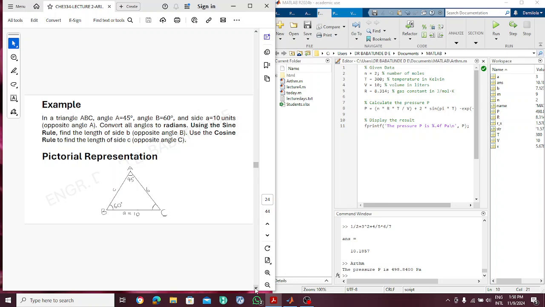So they've told you the rules to use. You are not the one determining that at this point, even though you should be able to determine that. So now that I've told you we are using the sine rule for finding side B, and the cosine rule for finding side C, the next thing is up to you to set up the sine rule and set up the cosine rule.